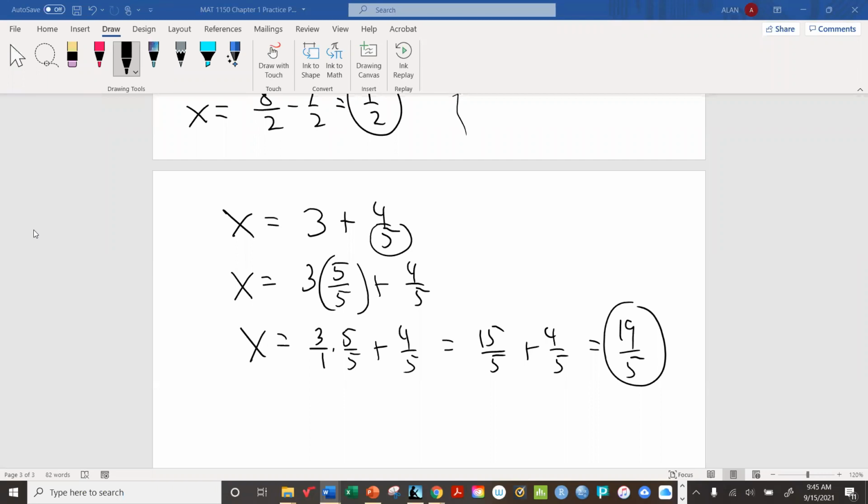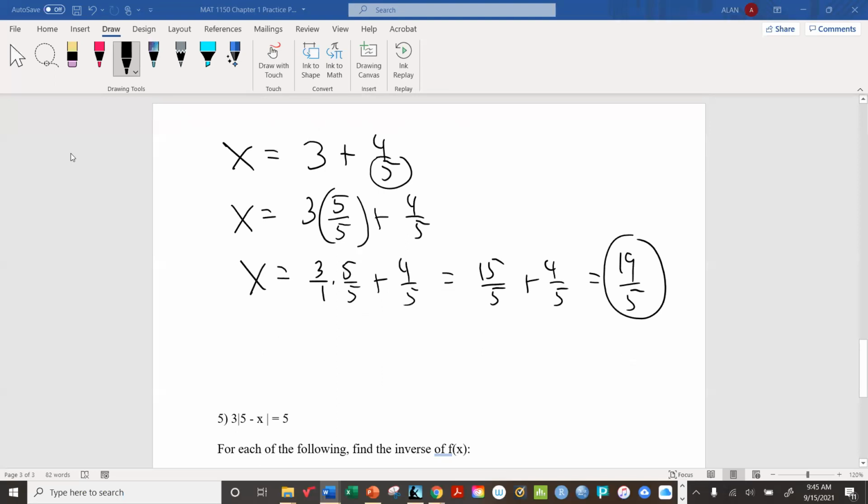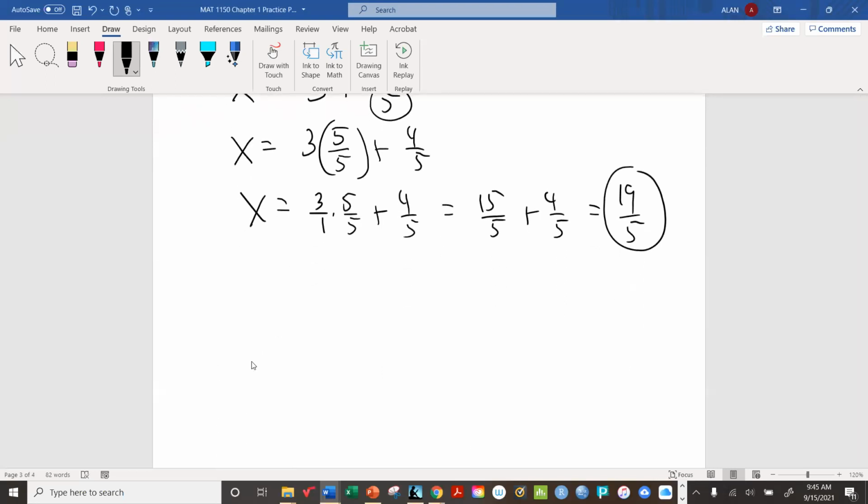As far as the absolute value is concerned, remember, it means there are two things going on. It's a very compact way of expressing that. So like I said, let's say you had something like this. This is just shorthand for saying that both of these two things are true.